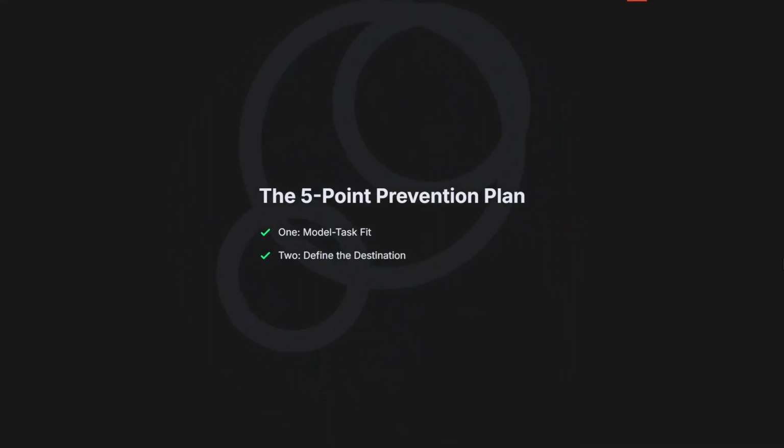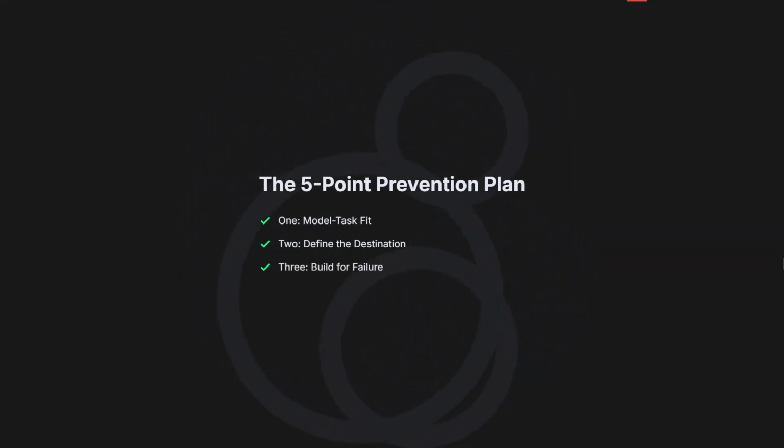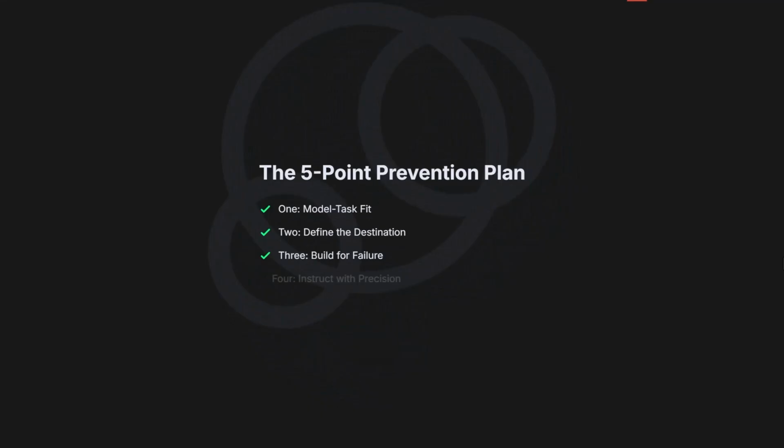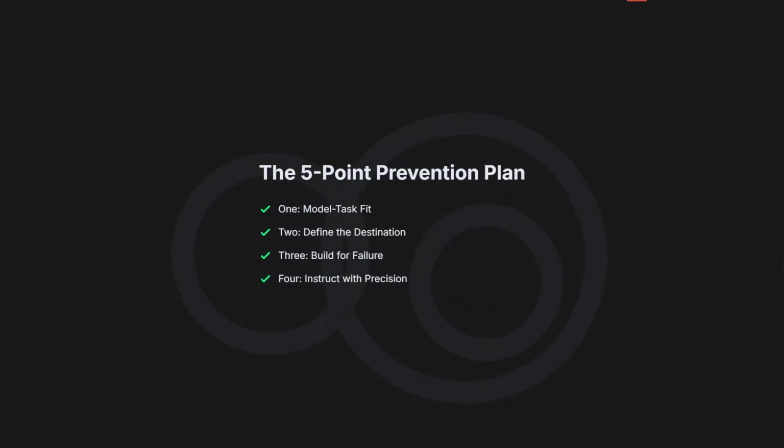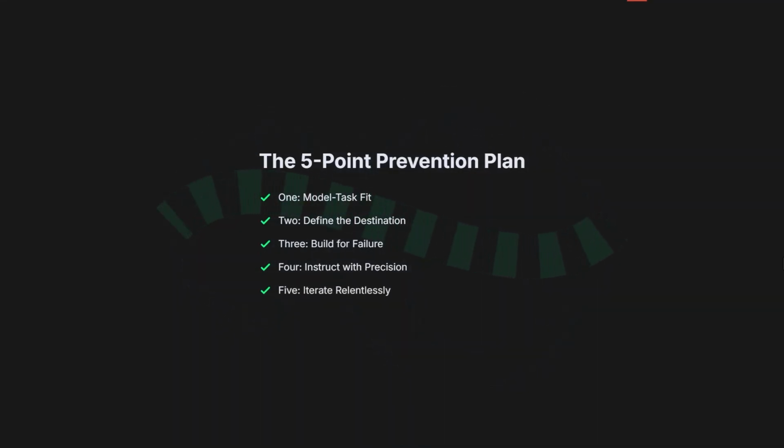Do I have a crystal clear, single objective for this agent? 3. Build for failure. Have I planned for errors and robust tool integrations? 4. Instruct with precision. Is my core prompt unambiguous and optimized? And 5. Iterate relentlessly. Do I have a feedback loop to test and refine my agentic workflows?